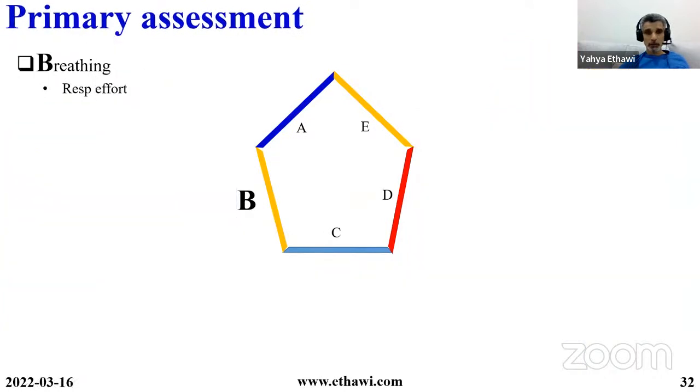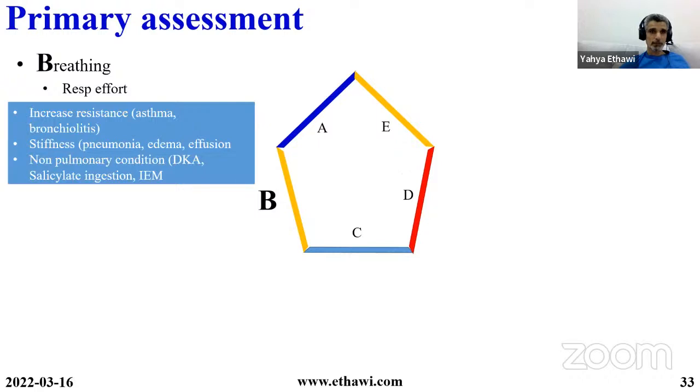Now we will be talking about respiratory effort, our primary assessment of breathing. Remember, we assessed the airway, and now we're assessing the breathing. So respiratory effort: either we have increased resistance, so a problem in the airways, such as asthma and bronchiolitis, or we have a stiffness, compliance problem, such as pneumonia, edema, effusion, or sometimes we have a non-pulmonary problem, such as DKA or salicylate poisoning or inborn error of metabolism.